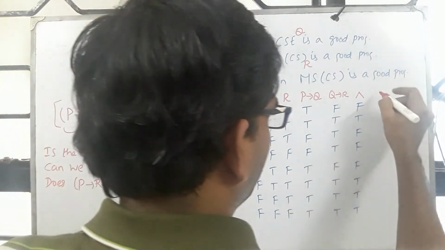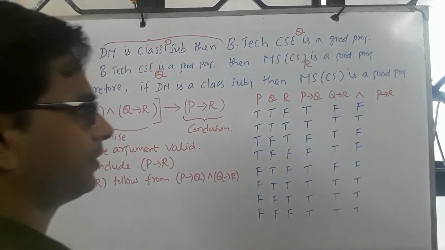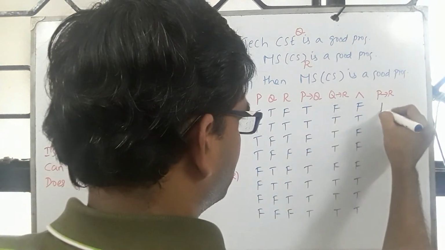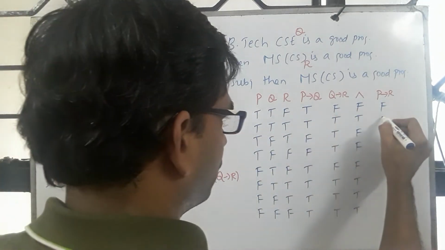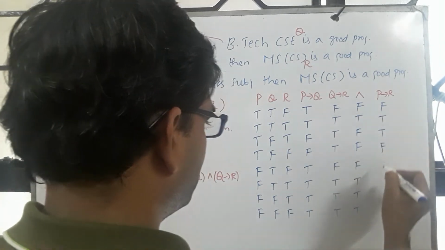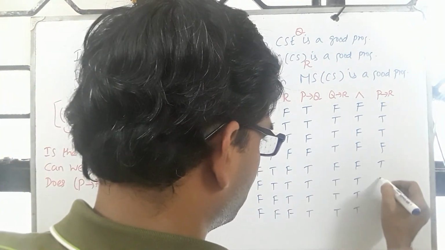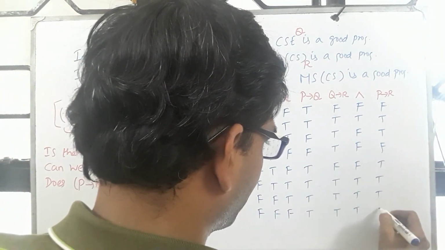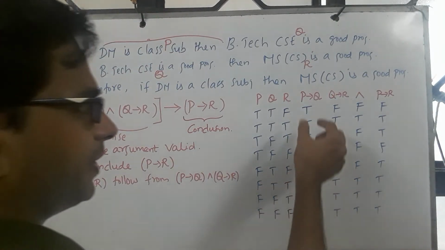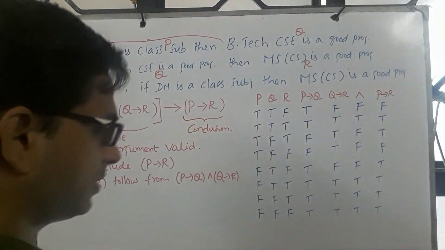Then we look at P imply R. True, false is false, true, true is true, true, true is true, true, false is false, and after that the premise is false, so it is true everywhere. So we have seen P imply Q and Q imply R. We also looked at this.